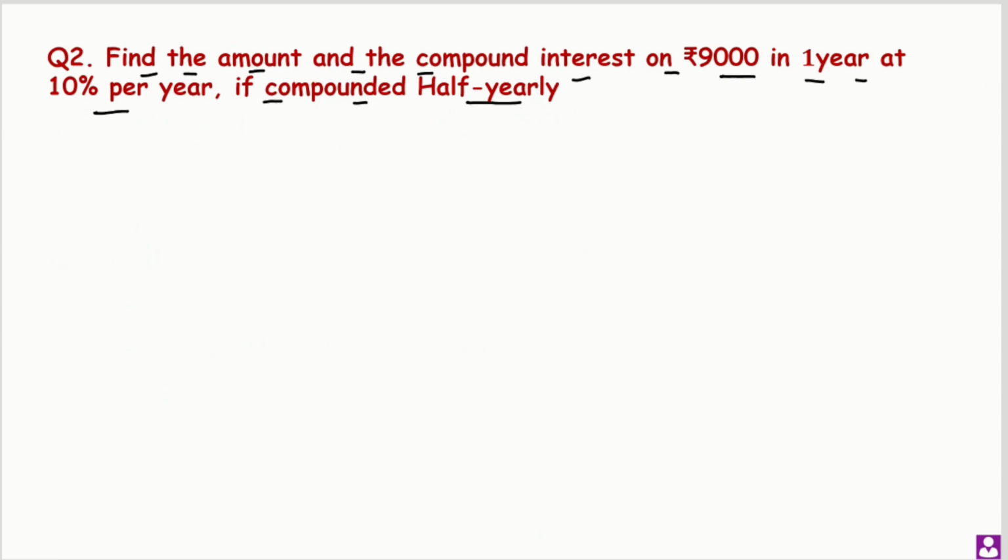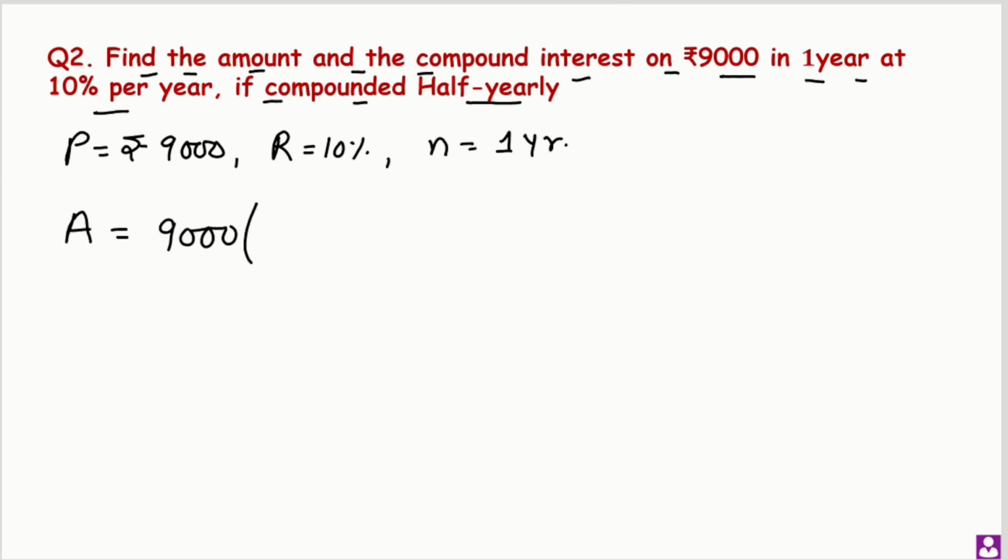So here we are given P equals rupees 9,000, R equals 10%, and n equals 1 year. Now I'll substitute the values in the formula. So A equals 9,000 (1 + 10/(2 times 100))^(1 times 2).